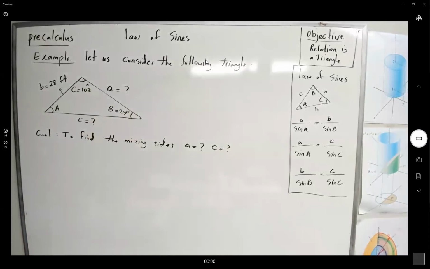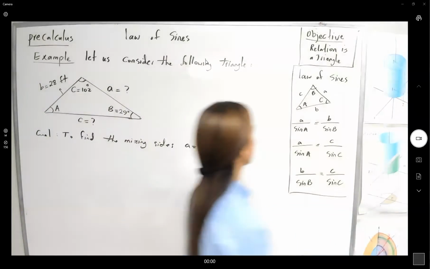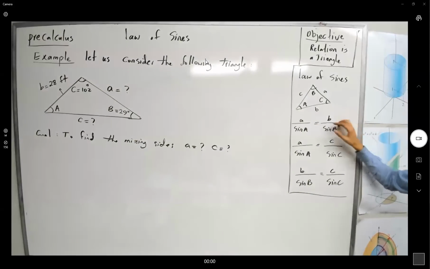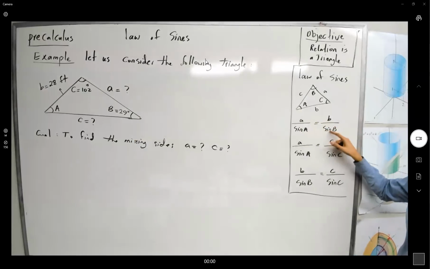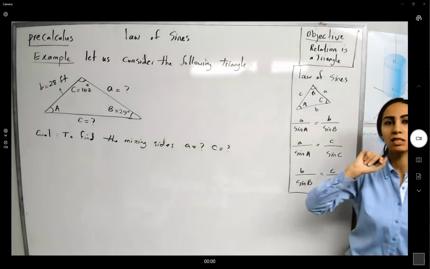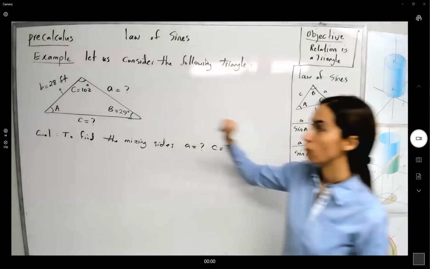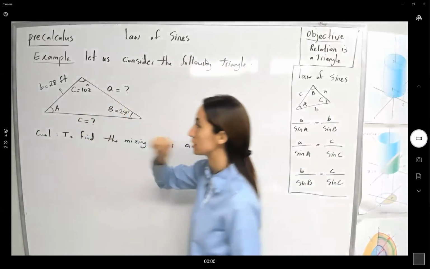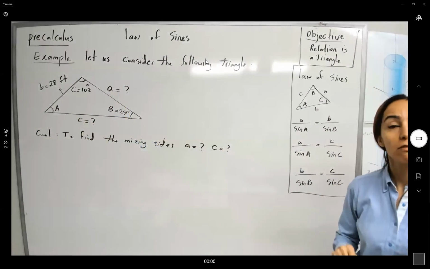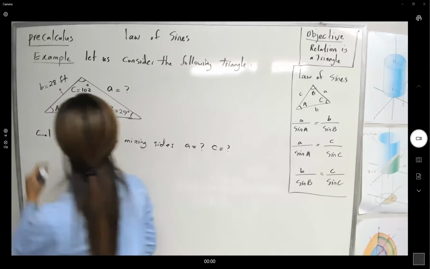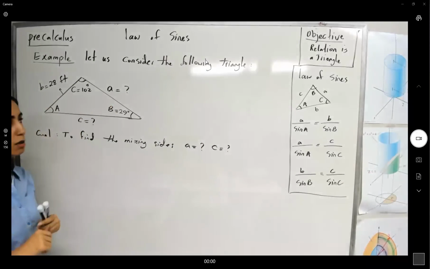Very well. You can say that I have the following relations between sides and the angles. I have two missing values. One of them is A and the other one is C. We have information about side B. Well, let us start.